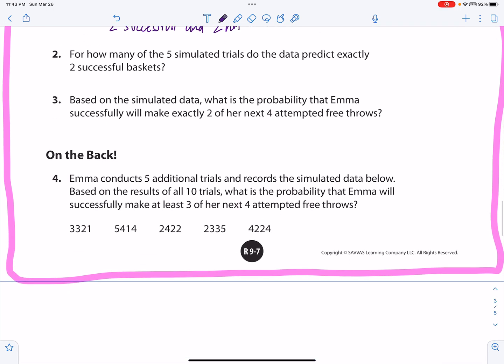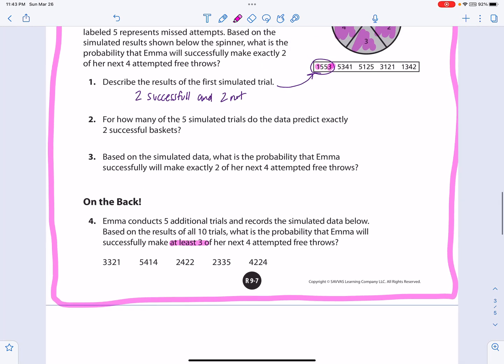Number 4, Emma conducts 5 additional trials and records the simulated data below. Based on the results of all 10 trials, what's the probability that she'll make at least 3 of her next 4 attempted free throws? So they're just changing what you're looking at. Now you're looking at least 3 means that you're going to circle it. So take a look at that, but also pay attention.